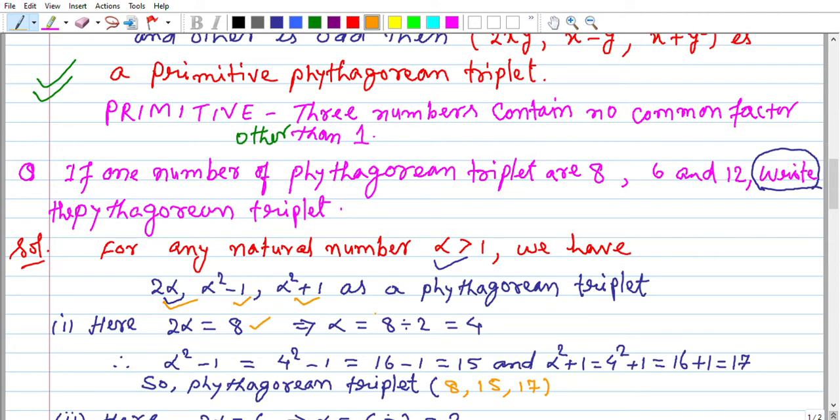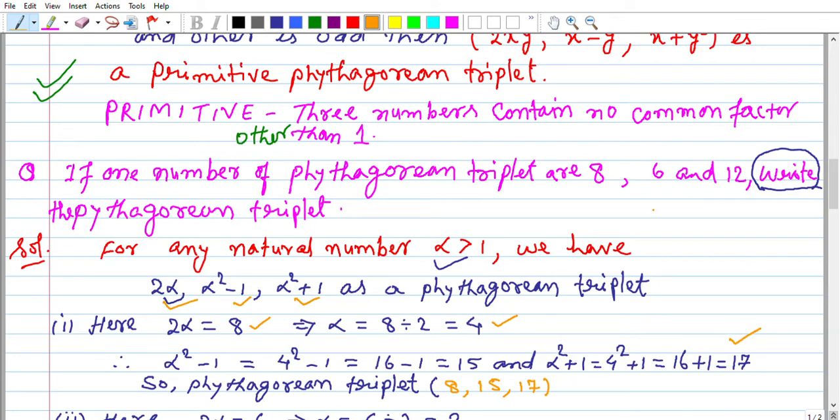After computing you get alpha equal to 4. Put in the second number, alpha square minus 1, that becomes 4 square minus 1, then 16 minus 1, we get 15. And next alpha square plus 1, 4 square plus 1 equal to 16 plus 1 equal to 17.